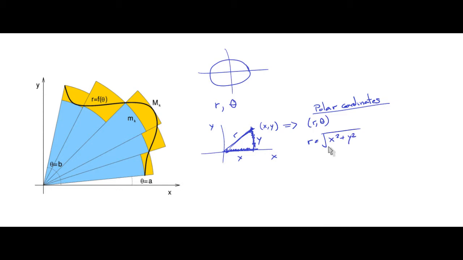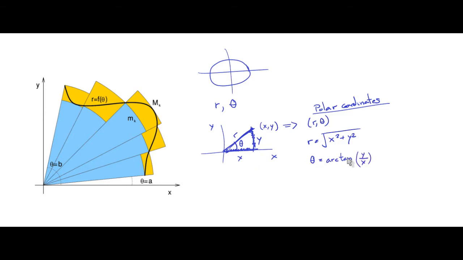And then this is theta. This is the angle that this point, this vector if you want, makes with the x-axis. And so theta is going to be the arctangent of y over x.